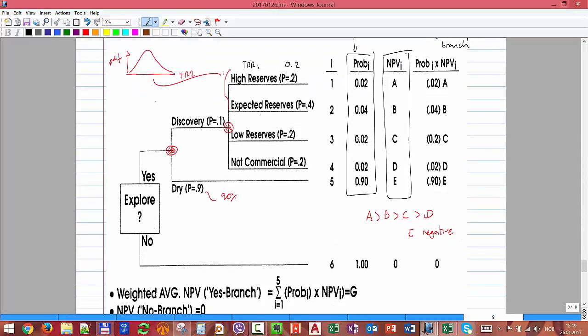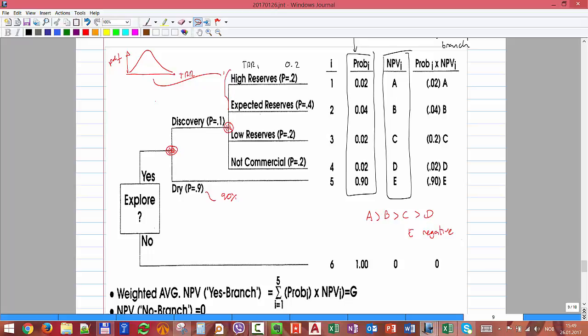So you start with 0.2, you go back, multiply times 0.1, and then you go back, and here is a decision, no probability, no chance. So I stop there. That's the probability of that option, 2%. Then I have 4%, 2%, and so forth. That clear? Where that number came from?